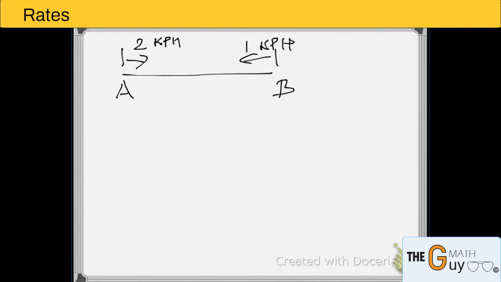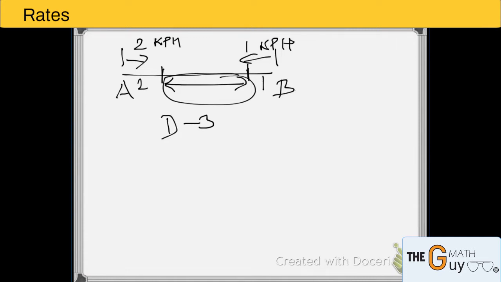What will happen is that after 1 hour, B would have traveled 1 kilometer, while A would have traveled 2 kilometers. What would happen to the total distance between them? The distance between them would have reduced by 3 from the original distance, right?